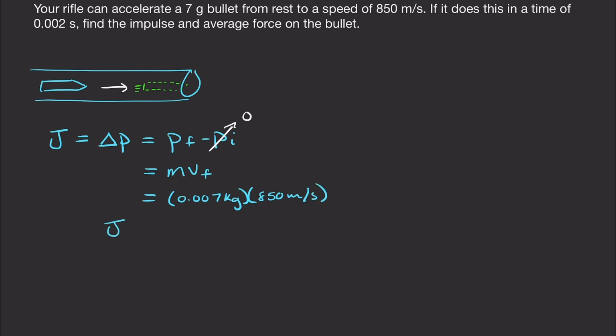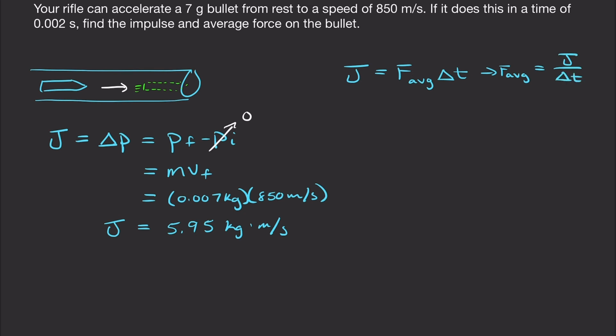So this leaves us with an impulse of 5.95 kilograms meters per second. Now that we have the impulse from using the change in momentum, we can find the average force by using our other equation for impulse. Impulse is F average times the time interval, or F average is the impulse over the time interval.